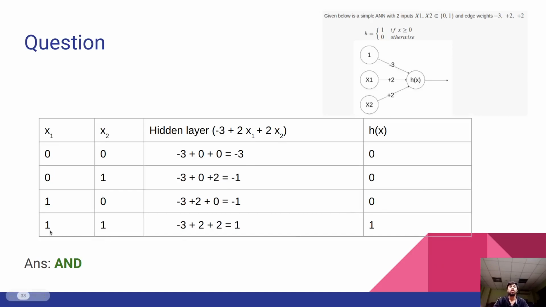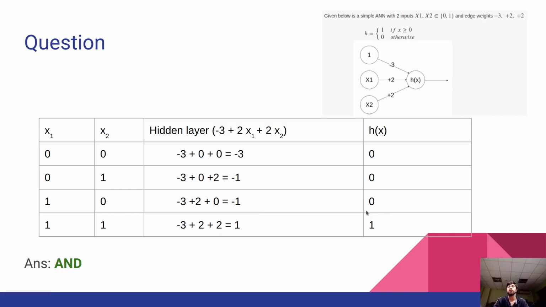Finally 1 1, so minus 3 is the bias, 2 into 1 is 2, 2 into 1 is 2, equal to 4, minus 3 is 1. So it is greater than or equal to 0, so it is 1. So 0 0 is 0, 0 1 is 0, 1 0 is 0, and 1 1 is 1.